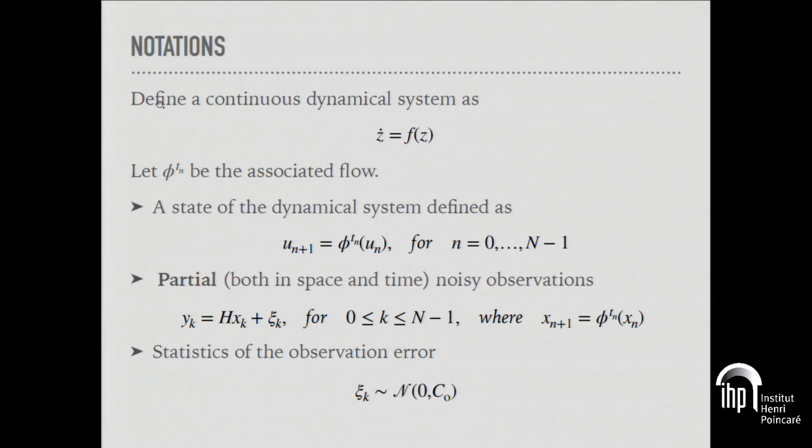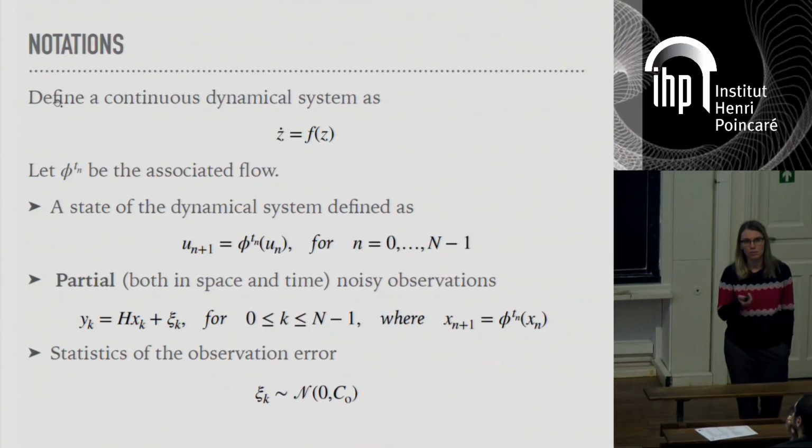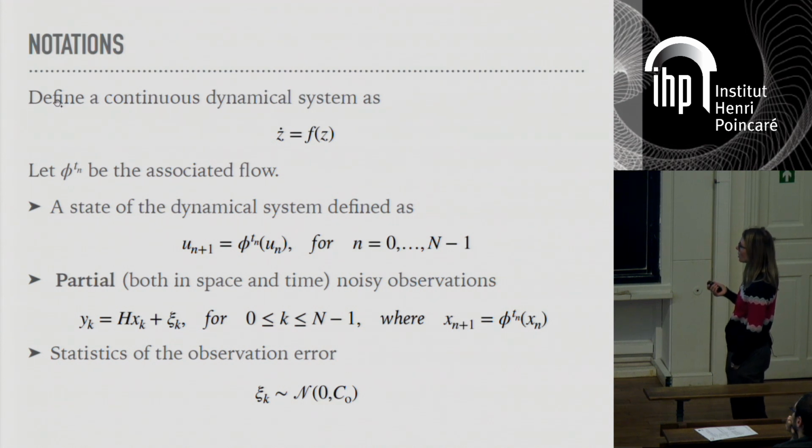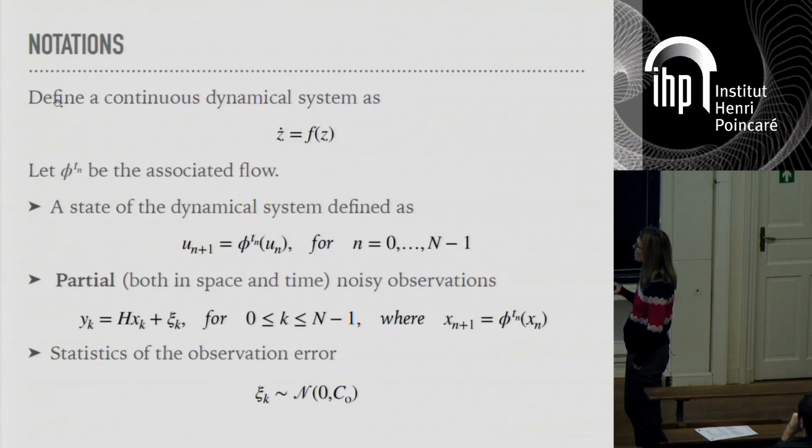So this is a state of the dynamical system. I call it U. So this is discrete. So I will talk about discrete systems. And we also have partial, both in space and time, and noisy observations, and I denote it by Y, which is a linear mapping, and I think this is very important that I consider only linear mappings now. So H is a matrix, and xk is a true solution of the true dynamical system.